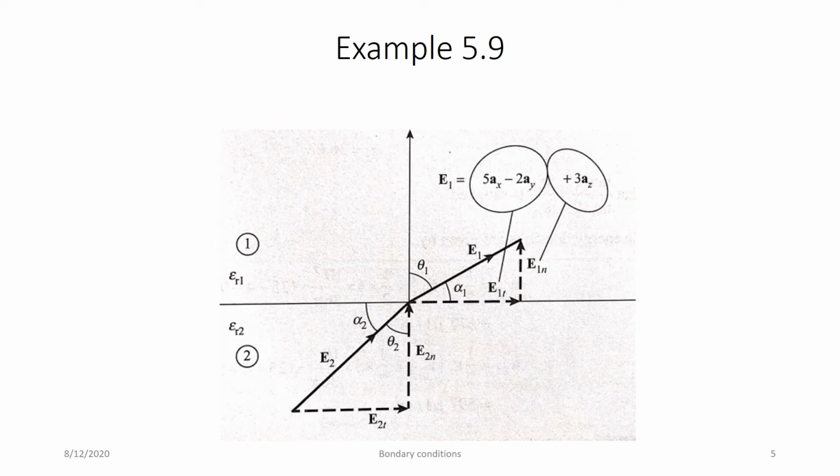Here we need to find theta 1 and theta 2 using the formula tan theta 1 by tan theta 2, and then about E1 and E2. So we will calculate E1, E2, theta 1 and theta 2, and accordingly you will get 90 minus theta 1, that is alpha 1, and 90 minus theta 2, that is alpha 2.